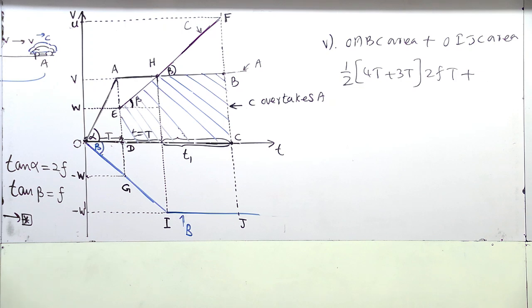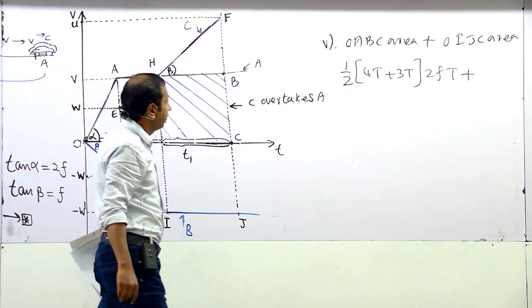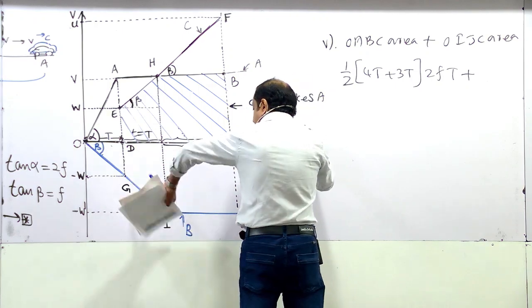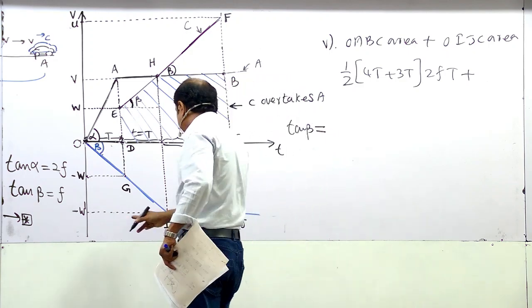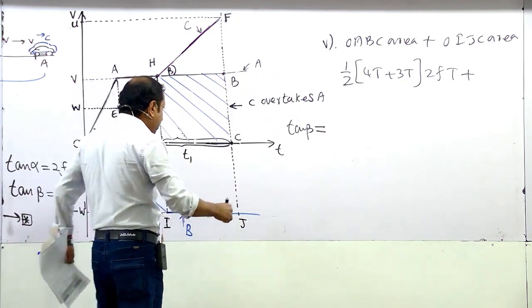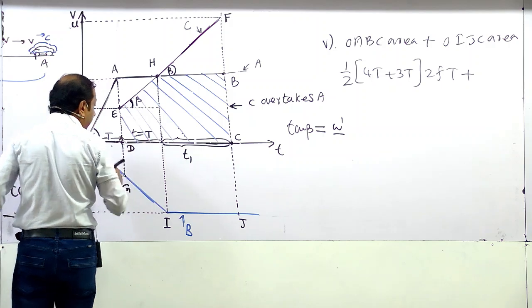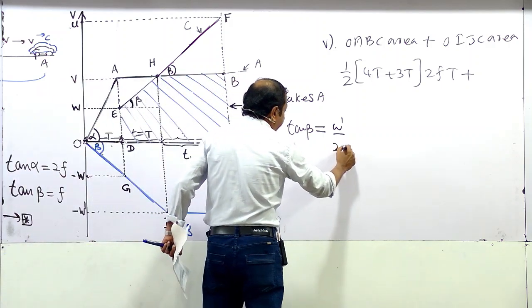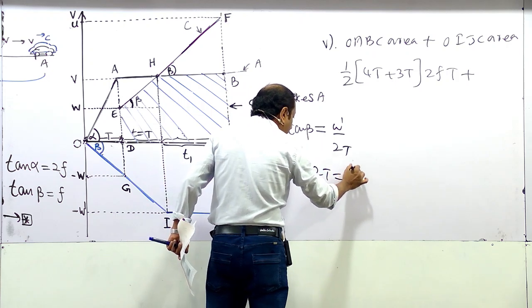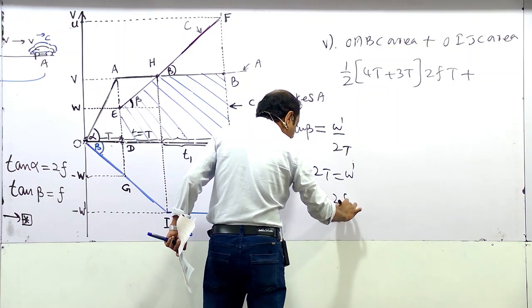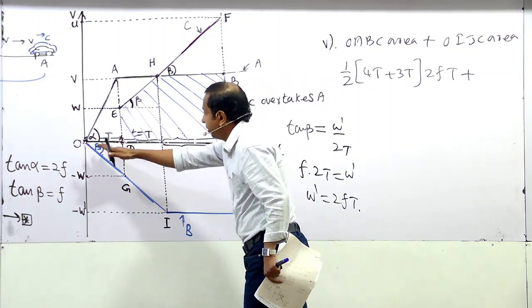When I apply the tan beta ratio, W dash divided by 2T, tan beta is F. Bring this here: W dash is 2FT. Correct, no? Right.